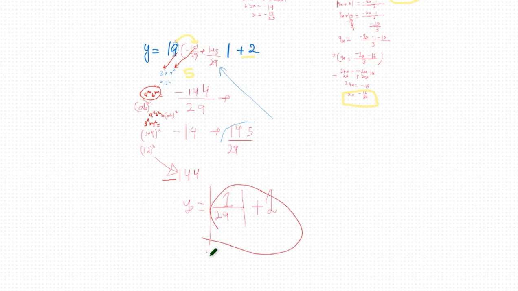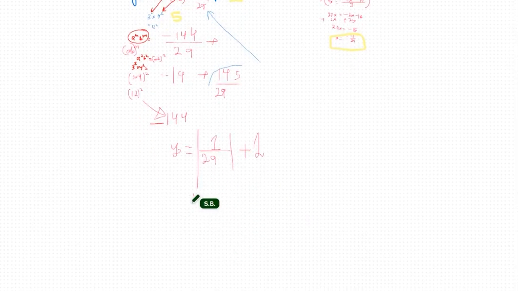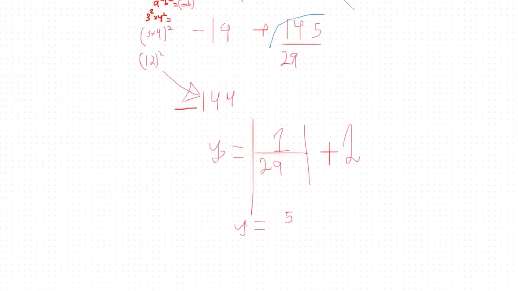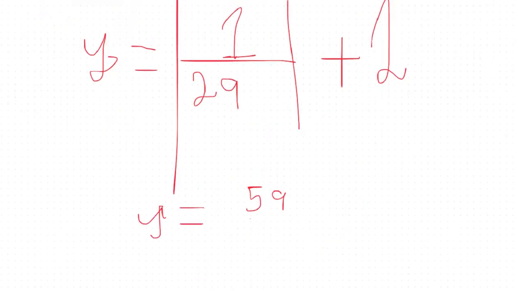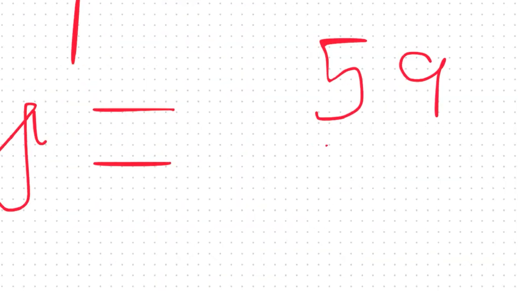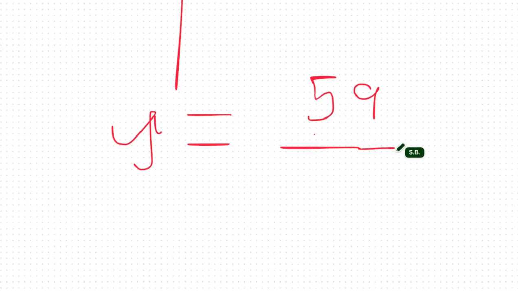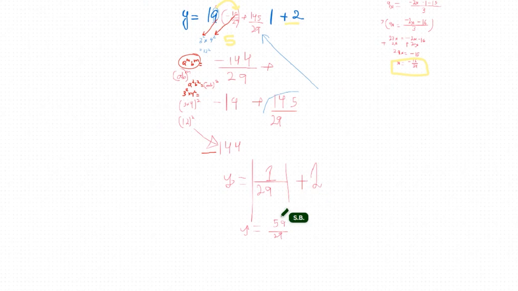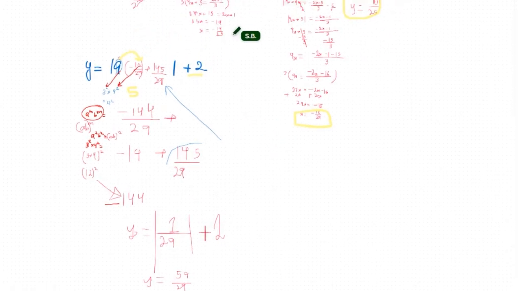So okay, 58 over 29... that is right. 59 over 29. Yes, so that's for one equation.